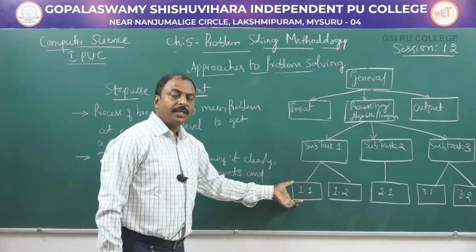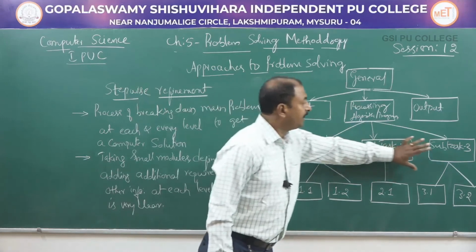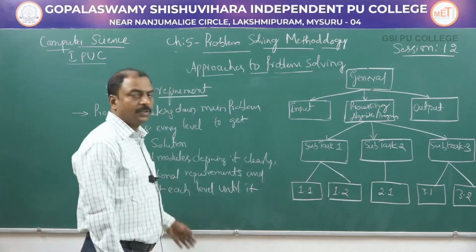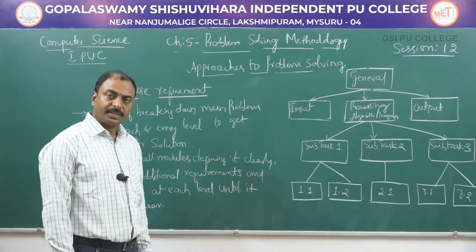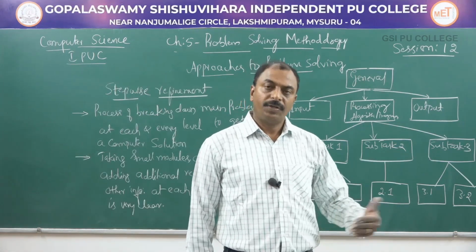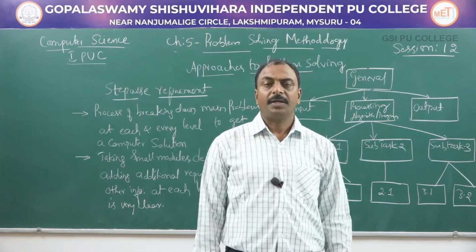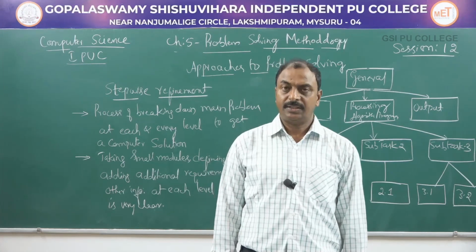And not only that, we can also add other information at each and every module in order to get a result. Again, one of the main drawbacks of this design is that the lower modules may not fit into, or cannot be integrated into the main program. It may not meet the requirement of the final result.